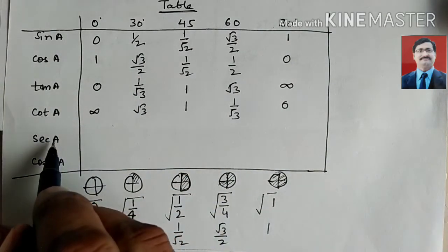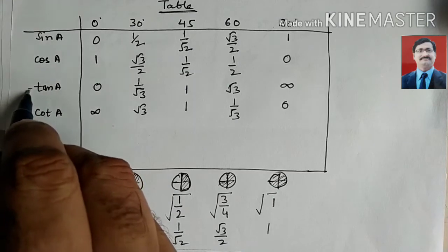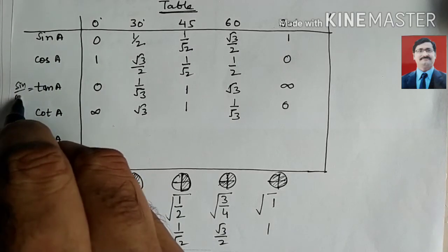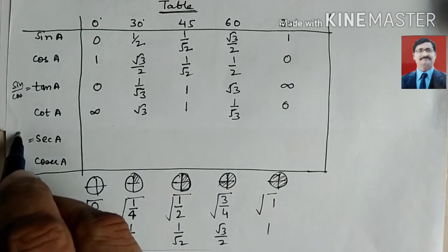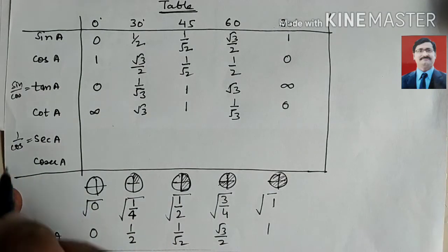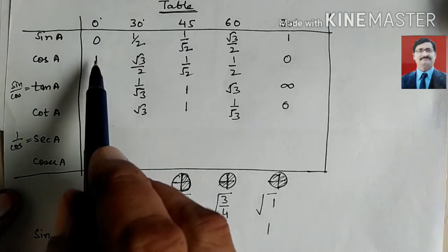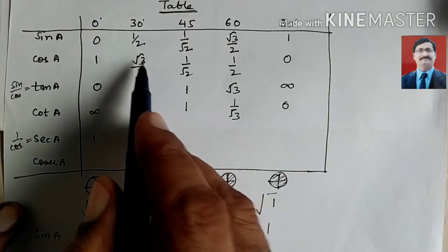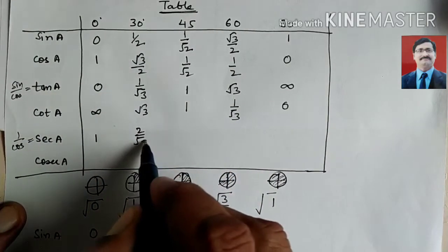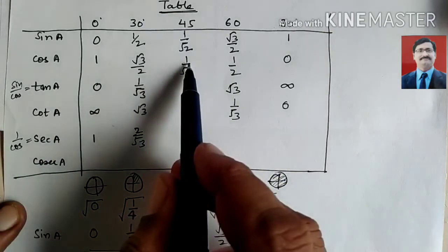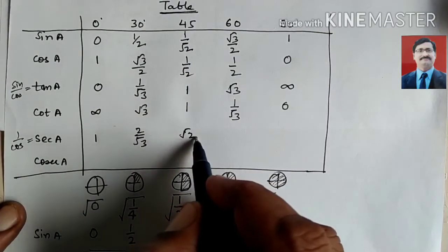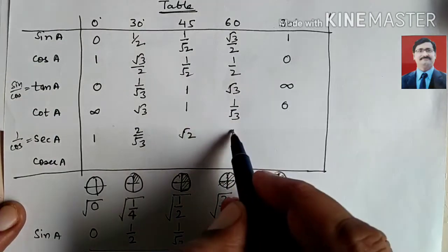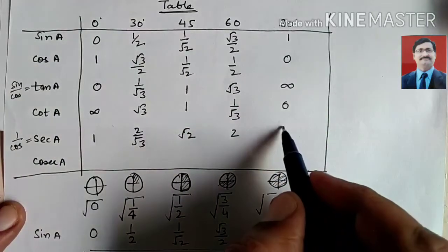Then sec: tan is sine upon cos, so you can understand this. Sec is 1 upon cos, which means you take the reciprocal of cos. The reciprocal of 1 is 1, the reciprocal of root 3 by 2 is 2 upon root 3, the reciprocal of 1 upon root 2 is root 2, the reciprocal of 1 upon 2 is 2, and the reciprocal of 0 is infinity.